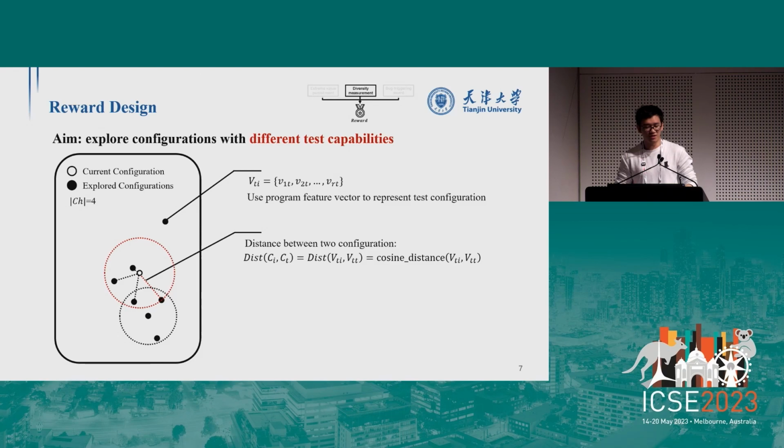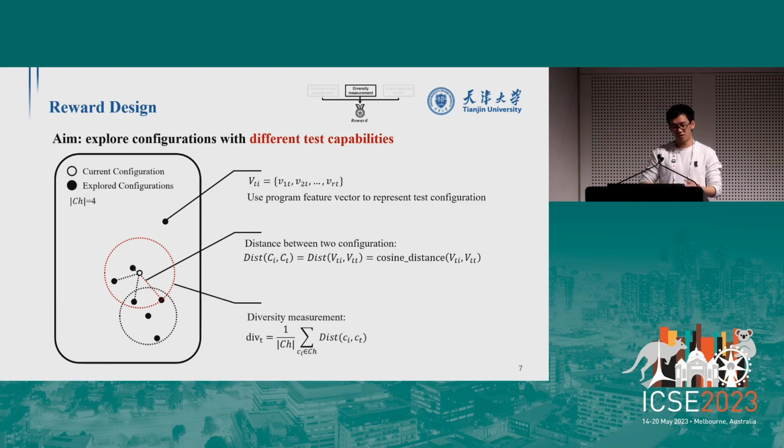And to reduce the influence of outliers, we calculate the diversity measurement for each test configuration, and it is defined as the average distance between the current configuration and a set of closest explored ones. And finally, the diversity reward is defined as the average diversity improvement from the current configuration over M configurations within the closest time.